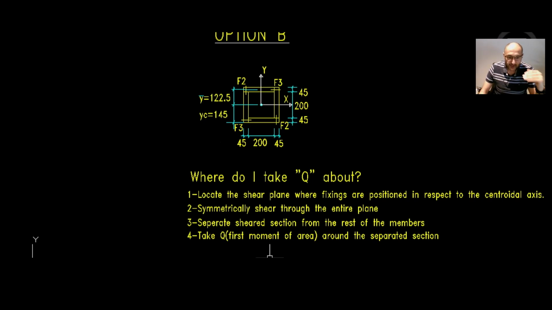Number 1, locate the shear plane where the fixings are positioned in respect to the centroidal axis. In this case, we have F2, horizontal shear plane passing through the fixings, and F3 we have a vertical shear plane passing through the fixings. So the question then becomes, how many shear cuts do I need to do?